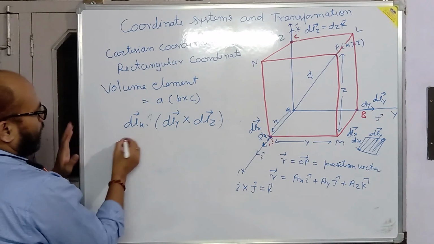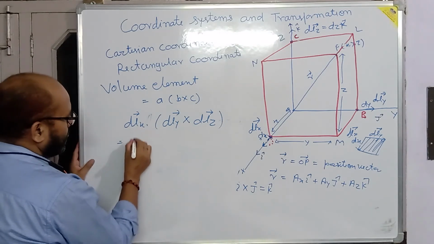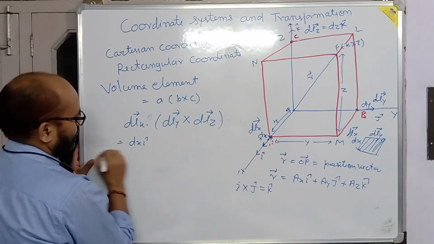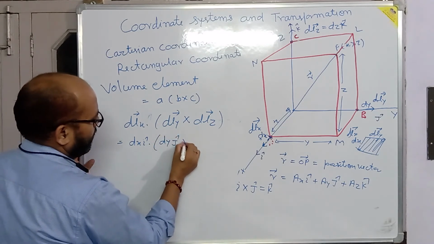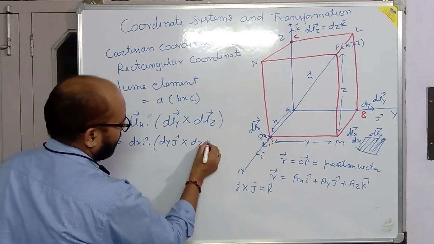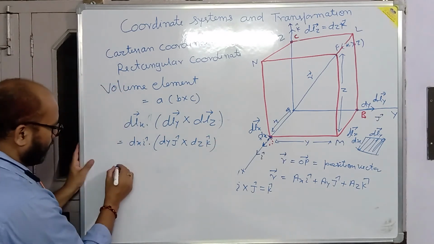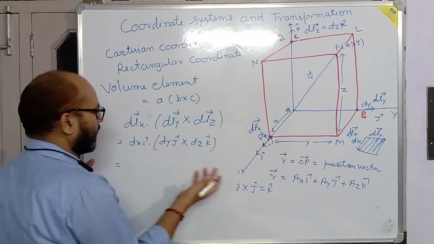So dlx means dx i cap dot dy j cap cross dz k cap. dx dy dz is scalar.